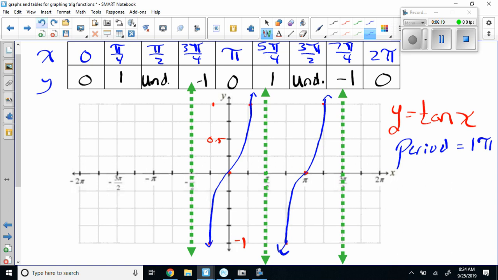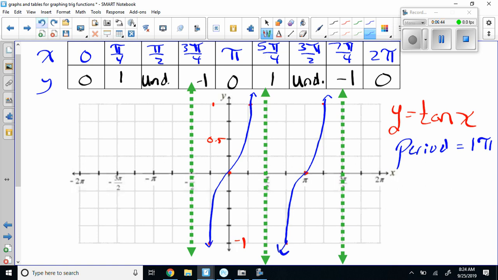So do you see how the pattern repeats only at pi increments? Its period is the distance it takes for the pattern to repeat, right? So that's what period is. That's why it's 1 pi. Okay?